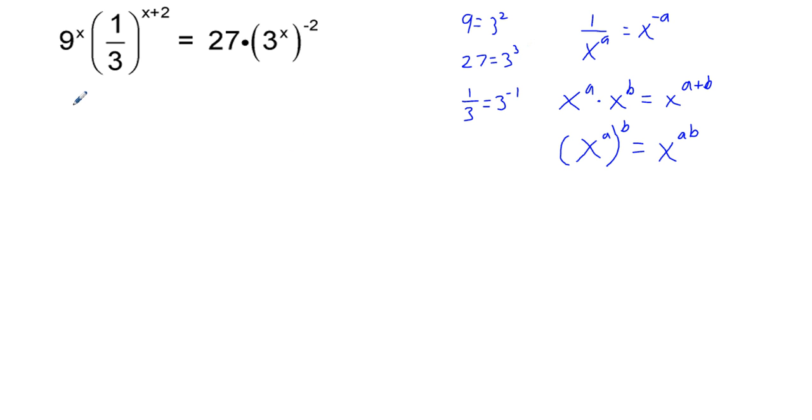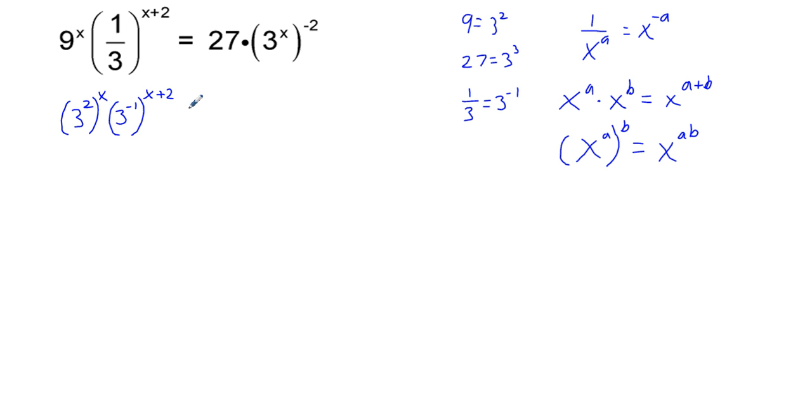Now, working below here, I'm going to rewrite this 9 as 3 squared, and outside of that 3 squared is the x. And this 1/3 we're going to rewrite as 3 to the negative 1 power, and outside of that we keep our power of x plus 2.